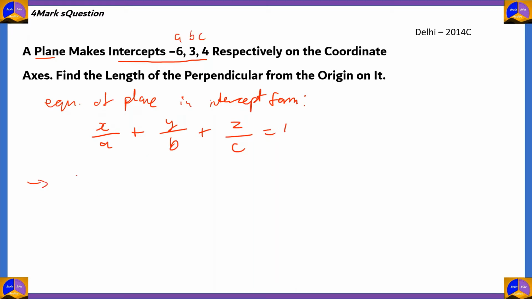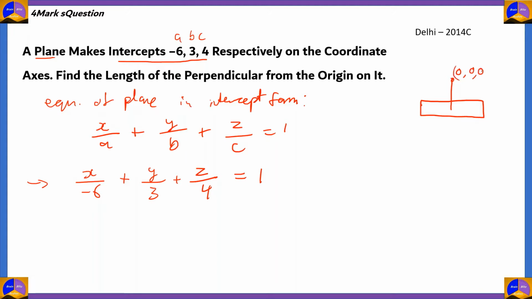So when plugging in the values, we'll get x by -6 plus y by 3 plus z by 4 is equal to 1. Now, in the question, we need to find the perpendicular distance between the plane and the origin, whose coordinates are 0, 0, 0.